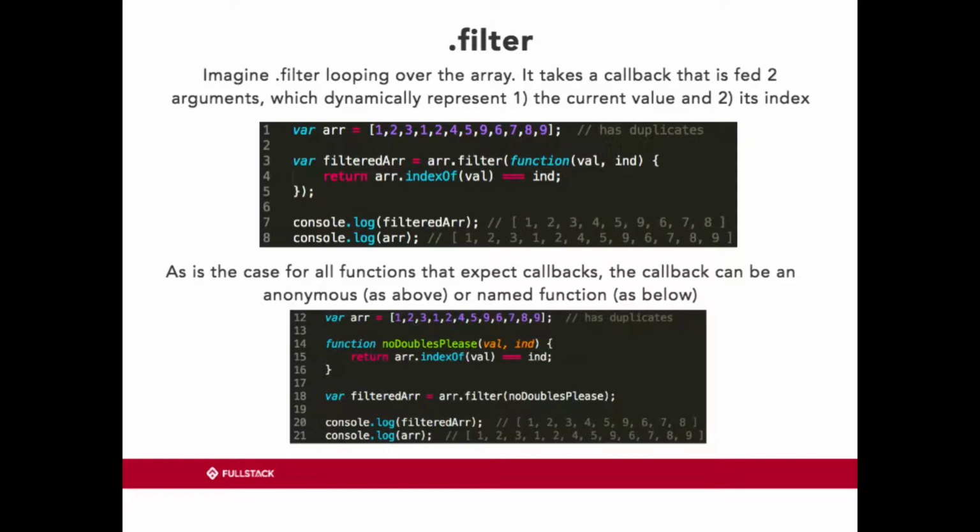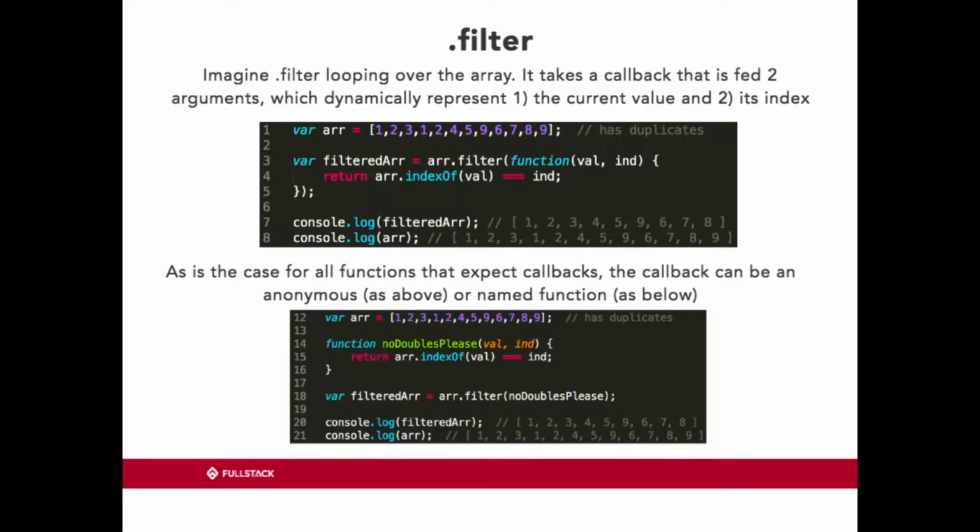Well, in this case, because we're passing it into here, we need to tell this function what to expect. Filter is going to invoke this function with the arguments of the value and the index. We could call these variables whatever we want.